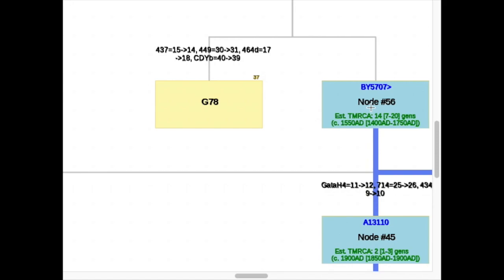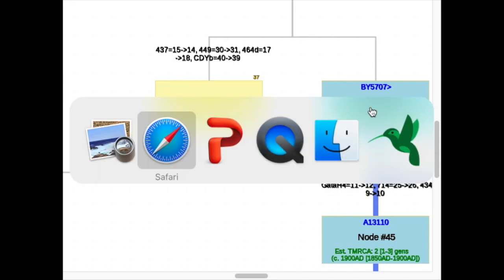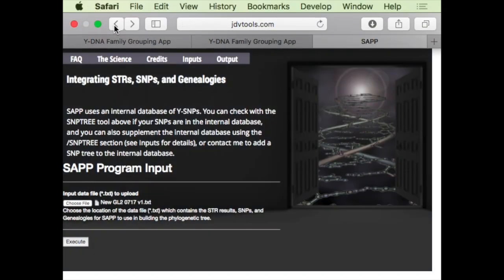How do you convert the CSV file to a text file? With great difficulty. It's very fiddly, but what I do is Dave has actually given us a sample file. If you go into the inputs or the FAQ, you can download his sample file and just replace the data in the sample file with the data from your own particular genetic group.